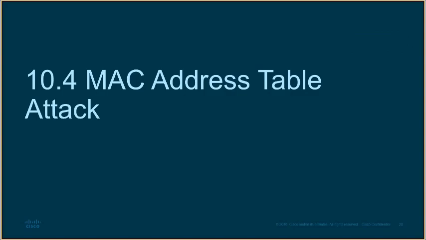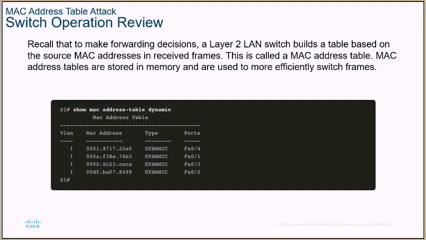Okay, so a MAC address table attack. What does that look like? Recall that to make a forwarding decision, a layer 2 LAN switch builds a table based on the source MAC addresses in received frames. This is called the MAC address table. MAC address tables are stored in memory and are used to more effectively switch frames.